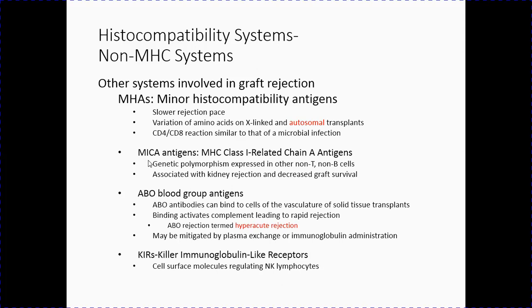The actions of killer immunoglobulin-like receptors: they're cell surface molecules that regulate natural killer cells relative to self and non-self. If the circulating NK cell encounters a self-antigen that was presented by MHC class I molecules, the KIR, the killer immunoglobulin-like receptor, causes an inhibitory response that keeps the natural killer cell from responding to a self-antigen, which is a good thing, right?